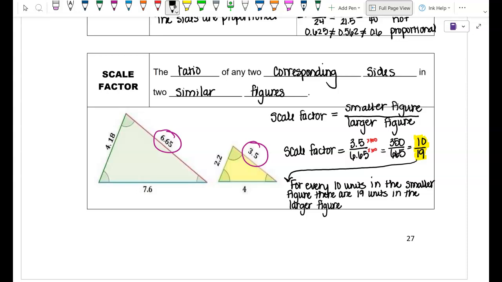So again, that scale factor is giving me information about that figure. It's not just some ratio out there. It's telling me how they relate to each other.